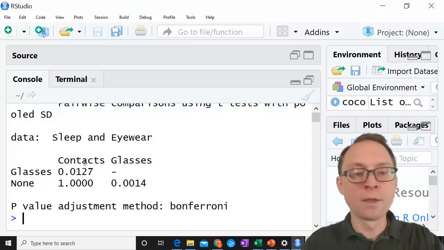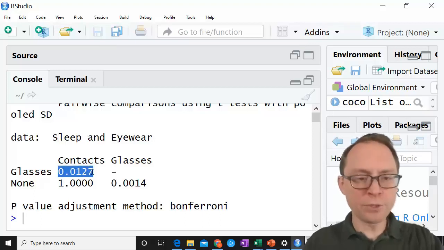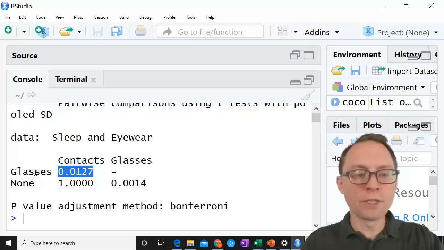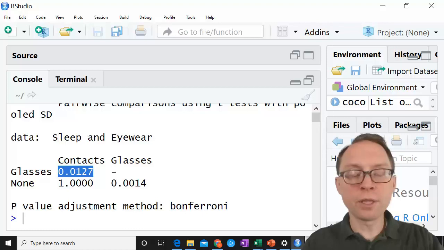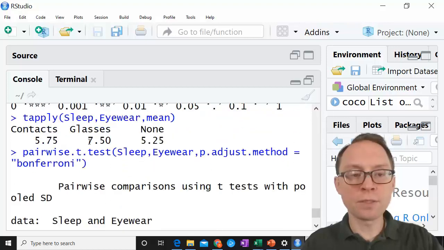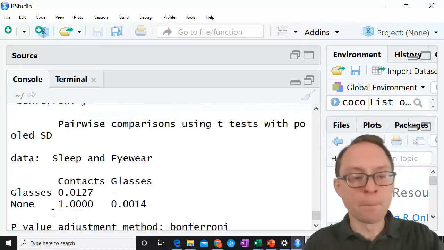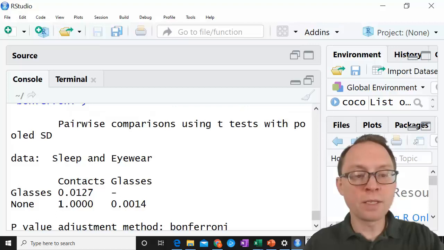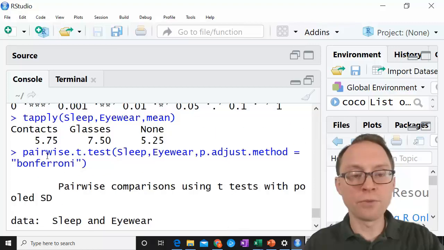All right, fine. These are the P values of the T-test between glasses and contacts. So glasses and contacts are significantly different. Let's look at those means. Glasses and contacts, 7.50 is significantly different than 5.75. The difference between none and contacts, whoa, 1.0. That's like the farthest you can get from 0.05.